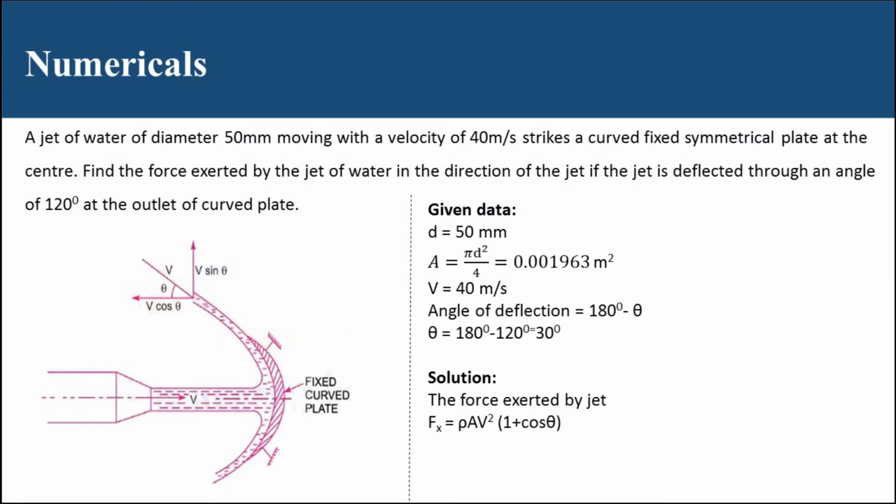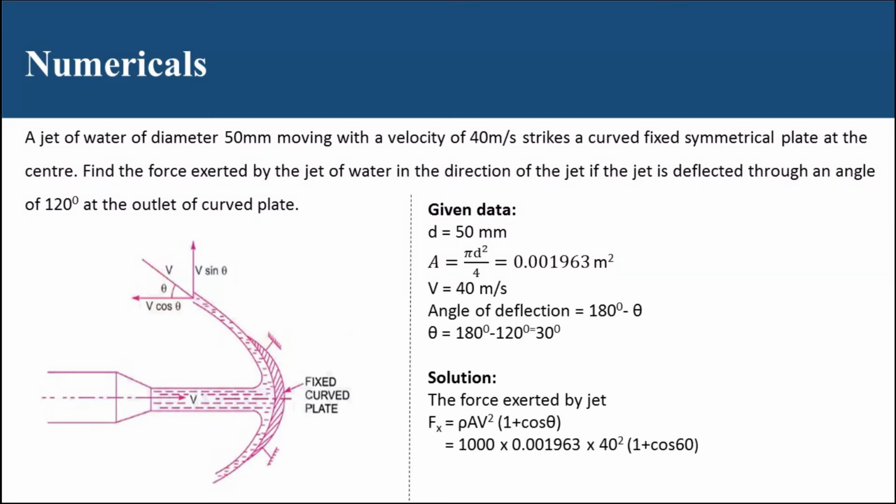We know the force exerted by the jet in the direction of the jet, Fx, we just derived, is rho a v square (1 plus cos theta).